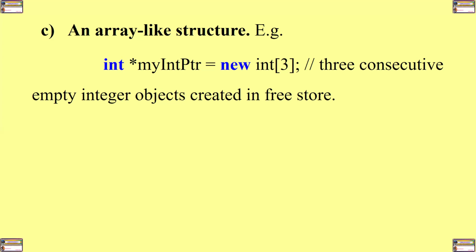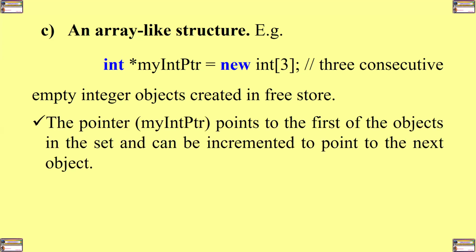So this statement is creating 3 consecutive integer objects, which I'm referring to as an array, and the address of that array is being assigned to the pointer called my int pointer, which is of type integer.